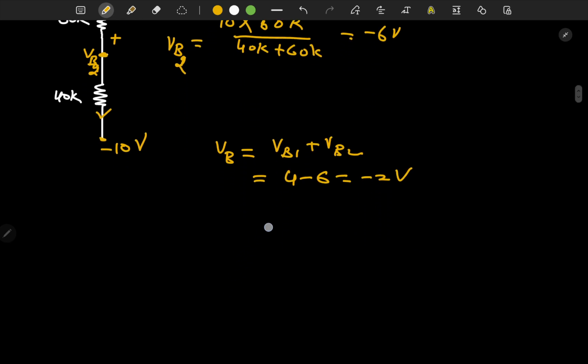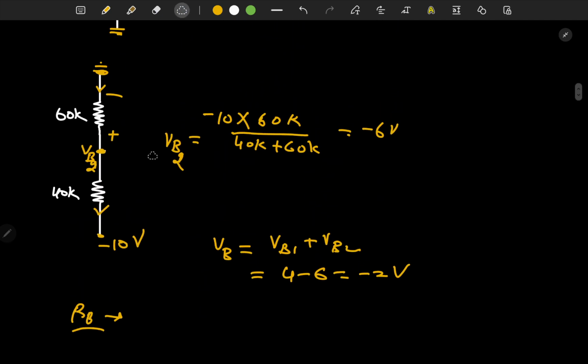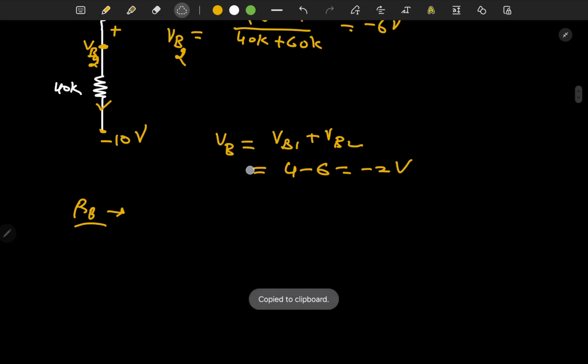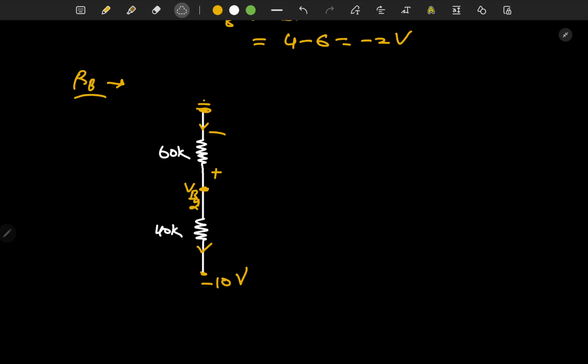But in the third case, we have to find RB. RB will be the parallel combination of both resistances. In that case, both voltage sources will be deactivated, and we have to find RB at this terminal.